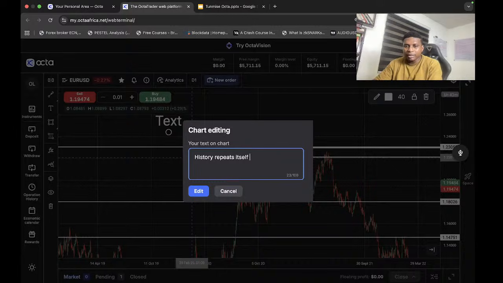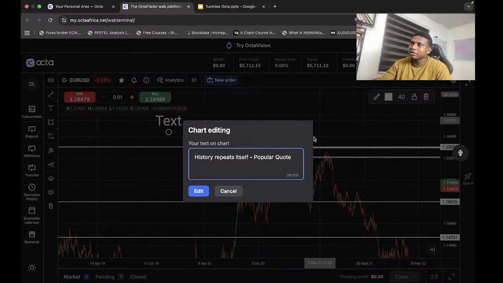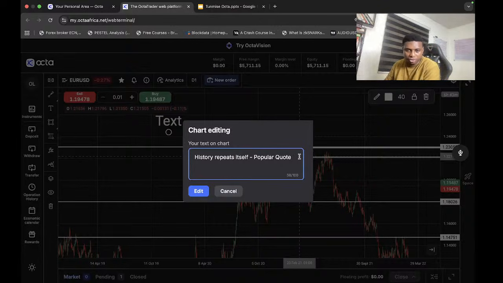It's a popular saying amongst traders, who would say, oh, history repeats itself. However, while that is true to some extent, history does not repeat itself if humans do not repeat history.